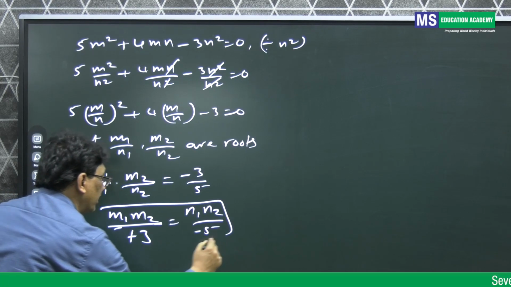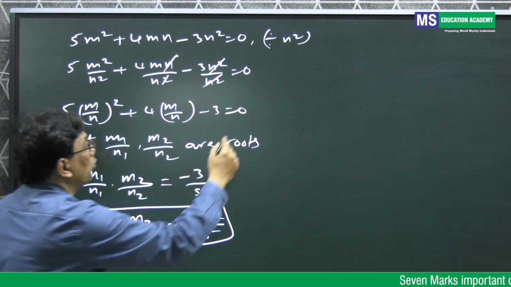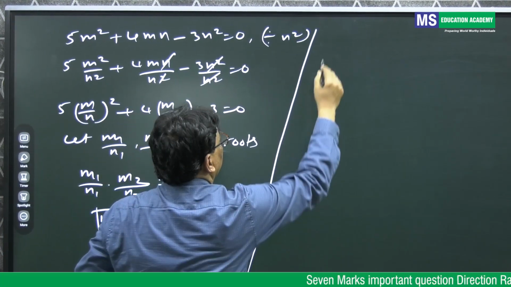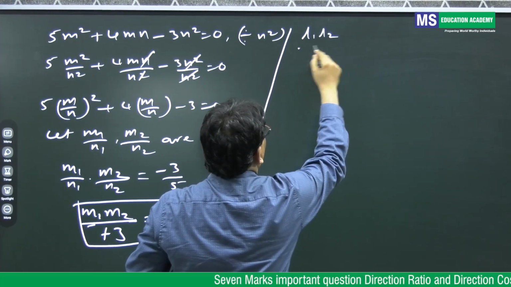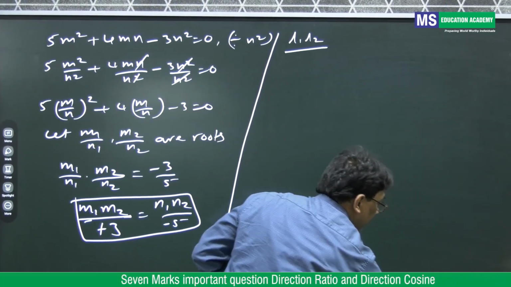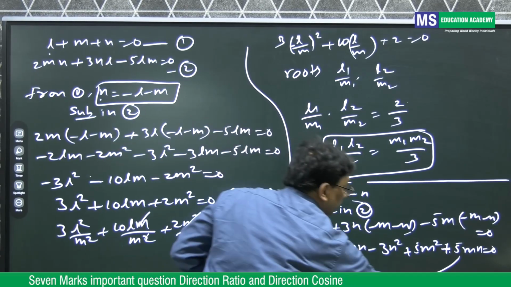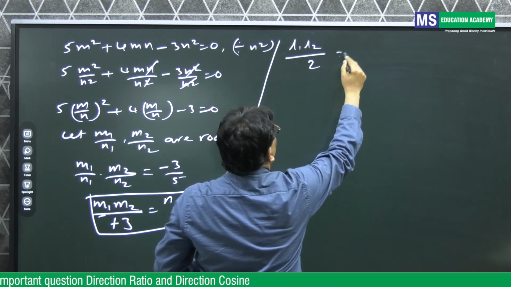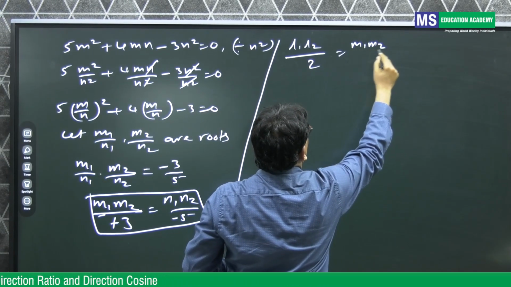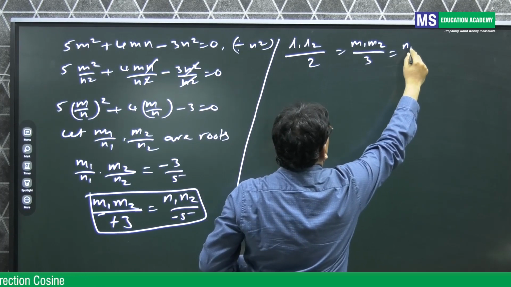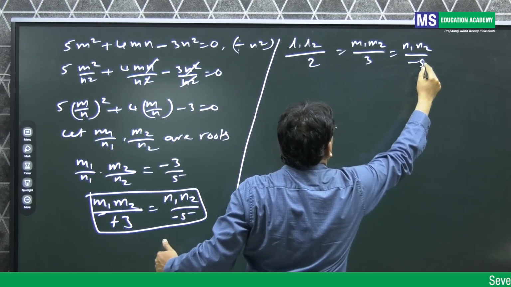Now another relation. By joining those two relations, we can get L1 L2 by 2, M1 M2 by 3, N1 N2 by minus 5.